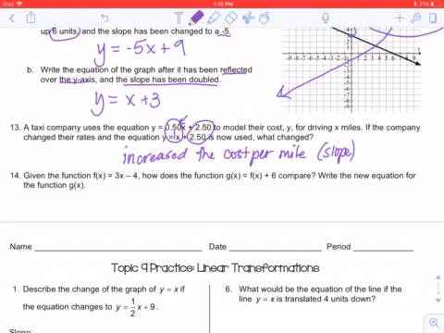Okay, number 14, given the function f of x equals 3x minus 4, how does the function g of x equals f of x plus 6 compare? Write the new equation for the function g of x. Remember that all these f's and g's just mean y's, right? So if we have y equals 3x minus 4, how does a new equation, right? That's what this g stands for, a new function where we take the old equation and add 6.